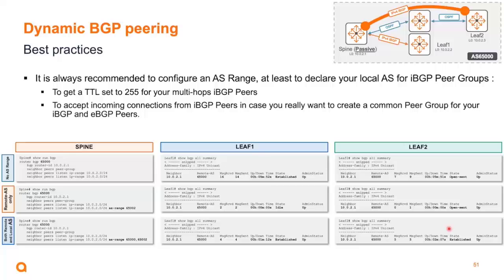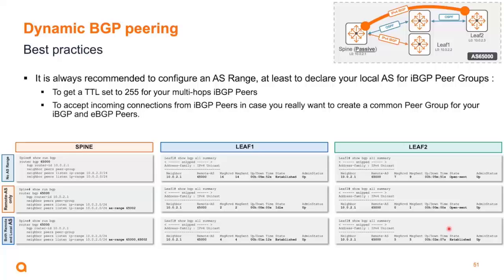But remember that in this case, the TTL will be set to 1. So if we want a TTL set to 255 for your multihop iBGP peers, configure an AS range. So a best practice in this case is to always, even if it's optional, configure an AS range, even if it's only to get peerings from your local AS, so from iBGP peers.